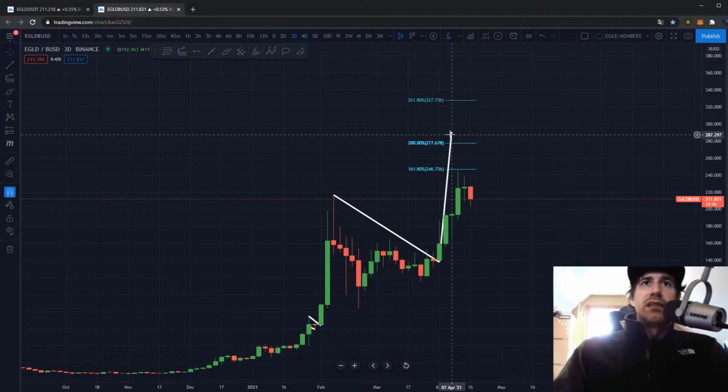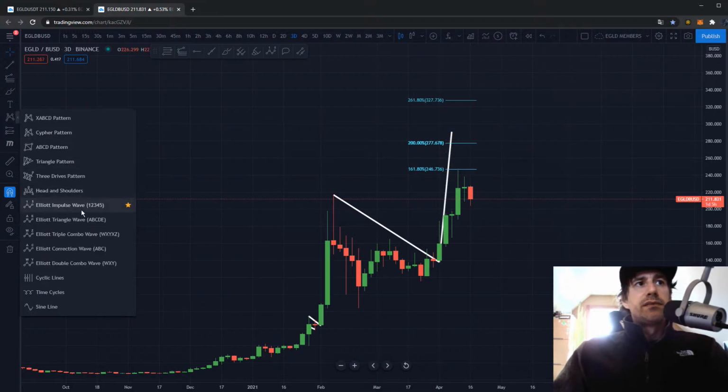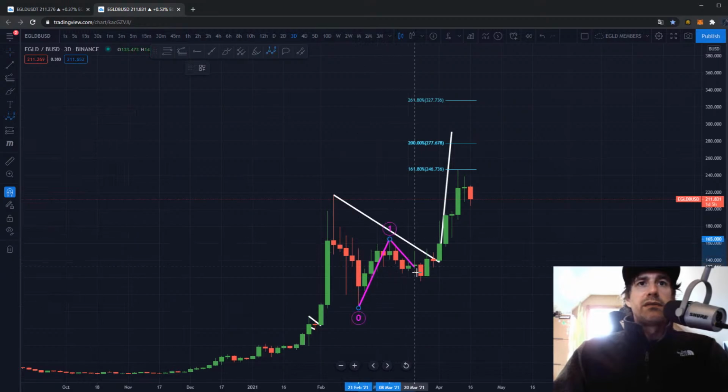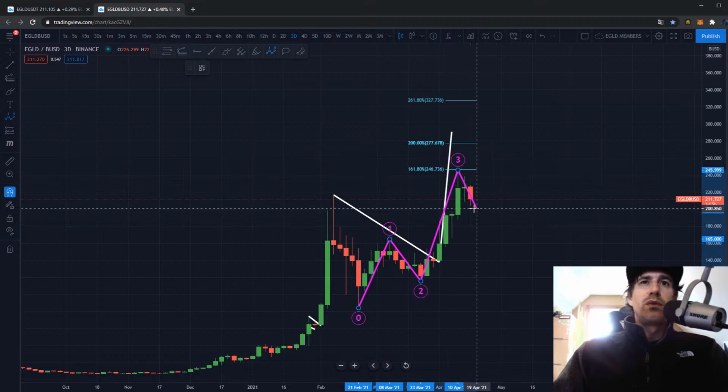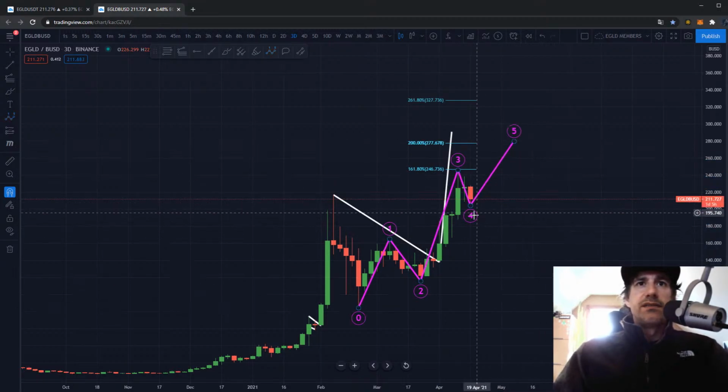And here we don't know yet, is it really the end of the third wave if you use Elliott wave? Is it really the end of the third wave and we are on the fourth one? Okay, and we're gonna try to find the fifth wave.